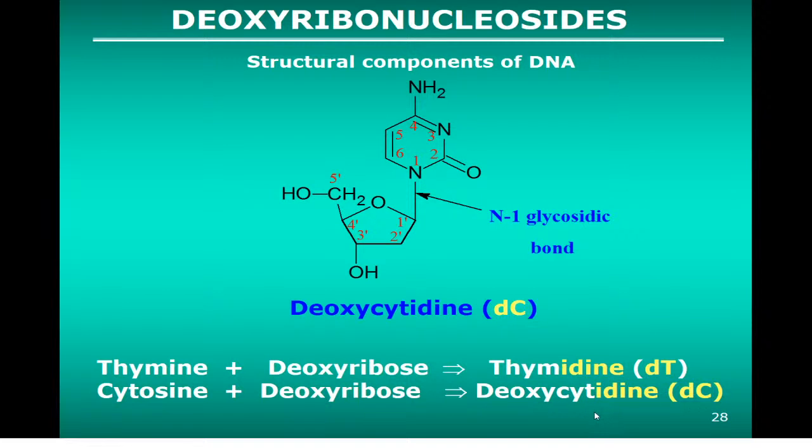So it can be cytidine or deoxycytidine, dC or C, but for thymine, as its structural component of DNA, it's not necessary to add the prefix deoxy. It's just thymidine. And when we hear this name, or when it's written, we understand it's a structural component of DNA because thymine is there as a major nitrogenous base.